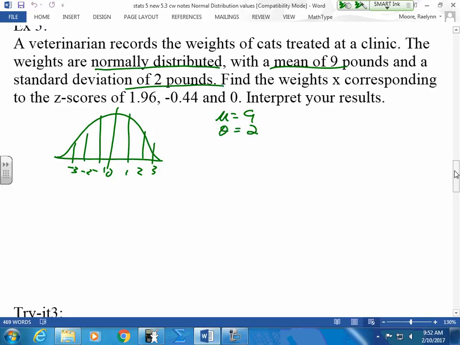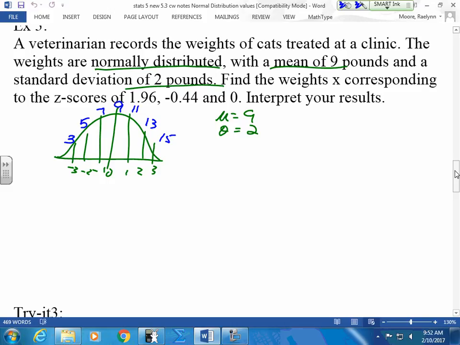So far we used to do this. We put the 9 in the middle, we added 2, we subtracted 2. Same thing, right?